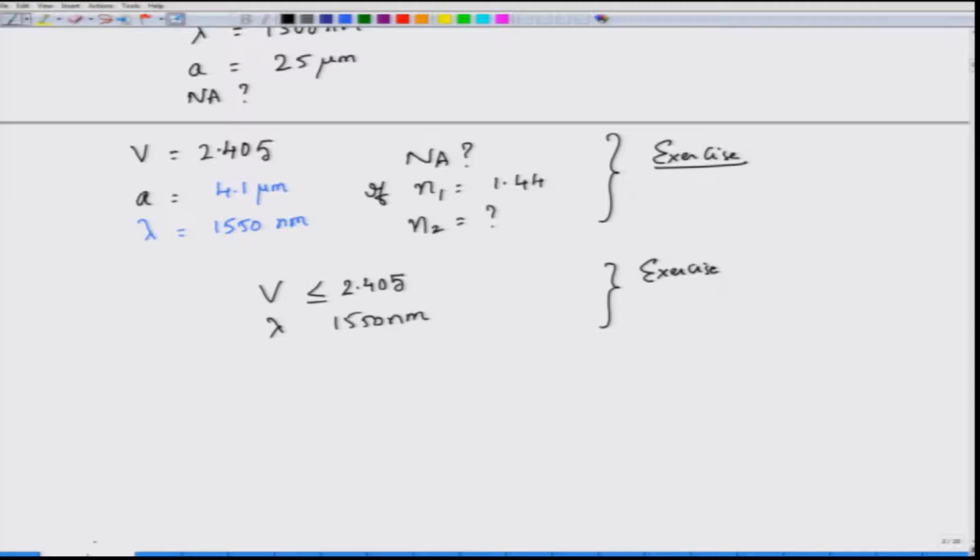I will give only these two values and ask you to find the core radius A and the numerical aperture. Clearly there is going to be an infinite number of choices in this problem, correct? See whether you will be able to come up with some numbers. More importantly, I want you to understand what happens when you change A and when you change the numerical aperture. I want you to understand that operation.